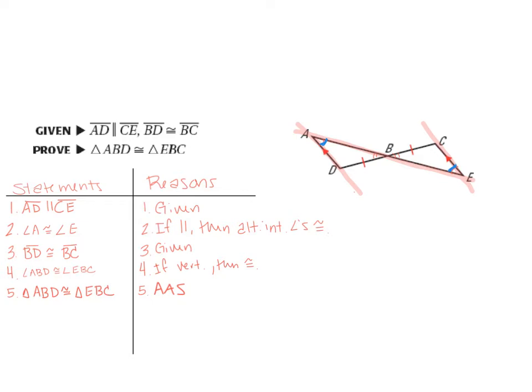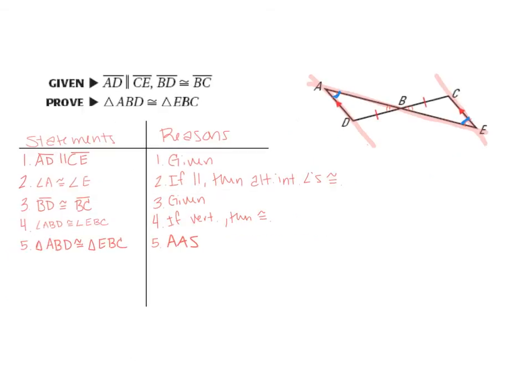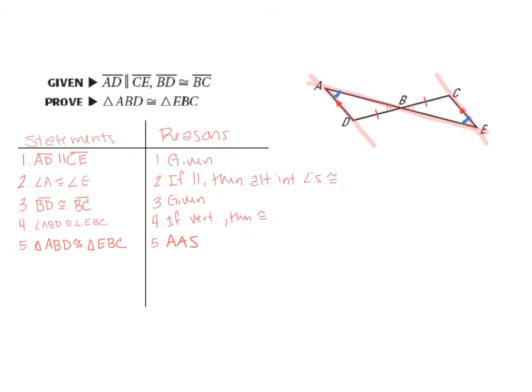So if I look at my Z, which is right here, the corners of that Z are my alternate interior angles. Well, I could also have looked at this Z and done C and D, sorry. Could have been the congruent angles as well. So either way could have worked, or you could have done both. And if you would have done both, that would have been fine as well.